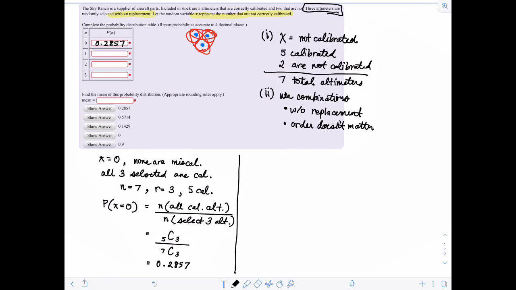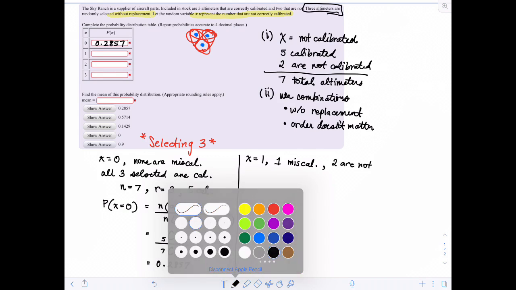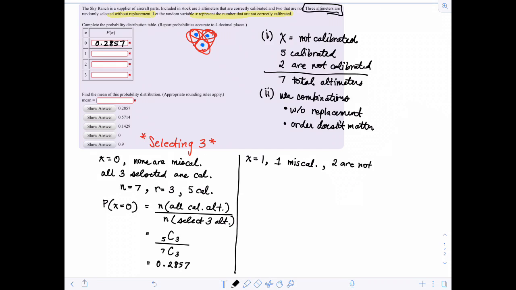The next one would be x equals 1, where 1 is miscalibrated and 2 are not, right? Because we're always selecting 3. Let me write that out. We're selecting 3 no matter what. So in this case, 1 will be miscalibrated and the other 2 aren't.